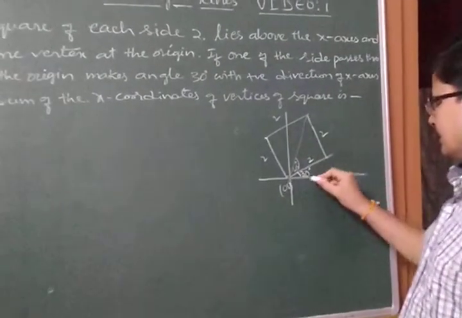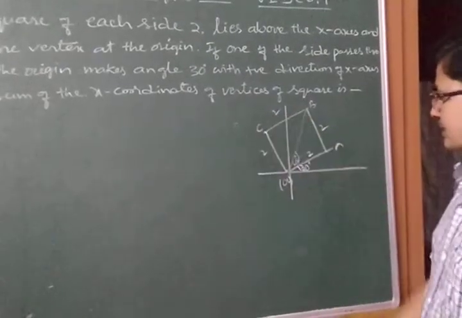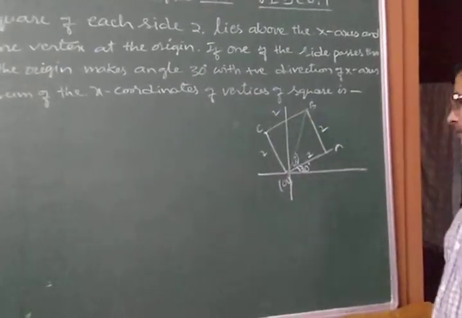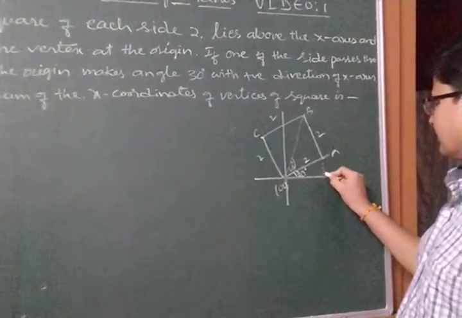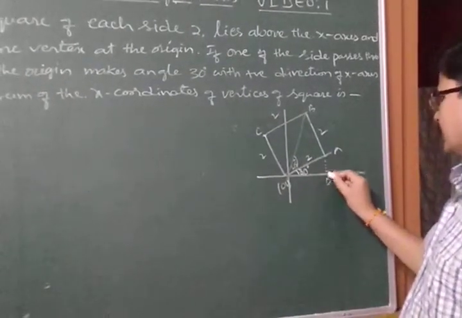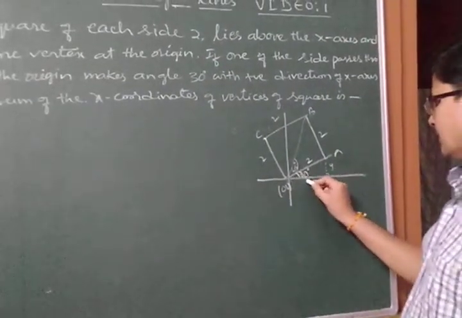Here this is origin O, and A, B, C are the vertices of the square. If we take a perpendicular AD, we know that AD is y and OD is equal to x.